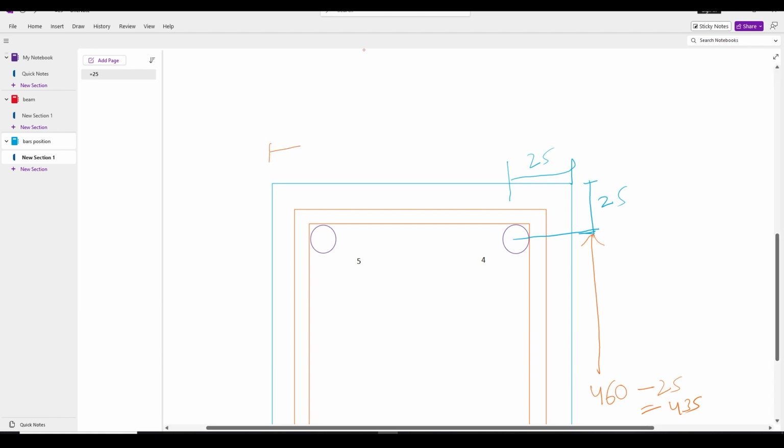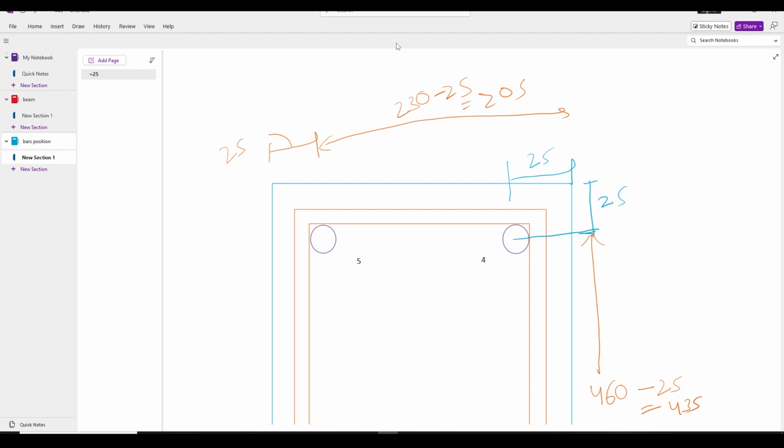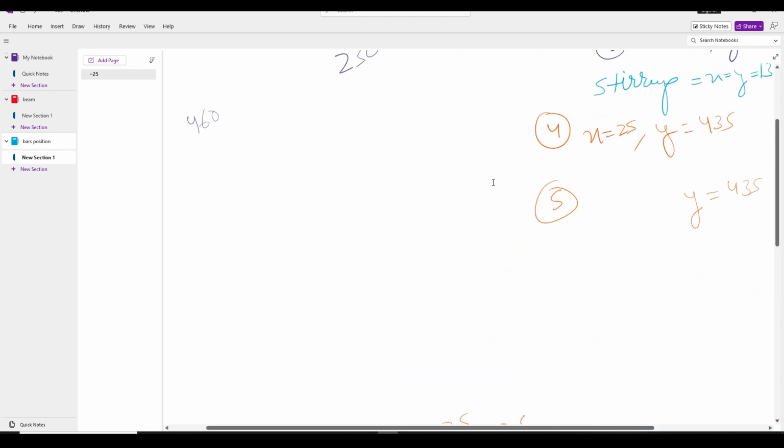Again this will be 230 minus 25, that is 205. So x will be 205.